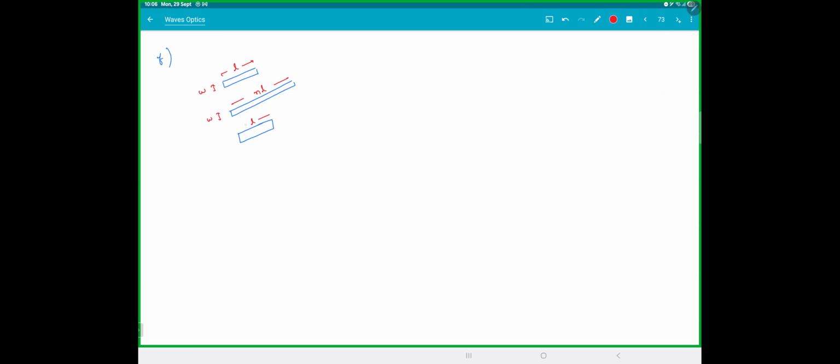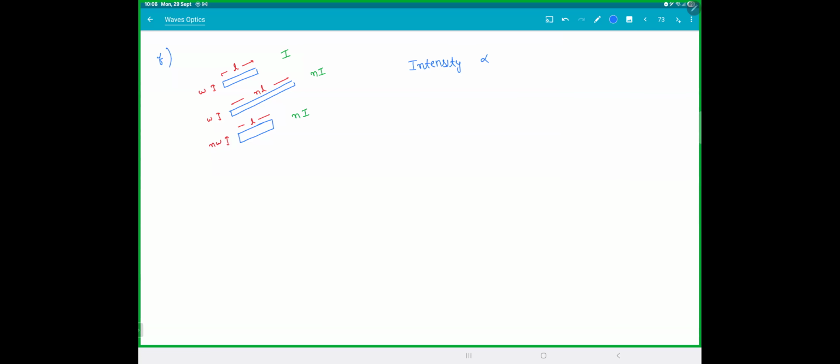Let's say length is the same, but the width is NW. So this will have intensity I, this will have intensity NI, this will have intensity NI. Basically, the intensity is proportional to the area of the slit. Think about it. The bigger the area, the more light will enter. If more light enters, the slit will have more power. Getting it?